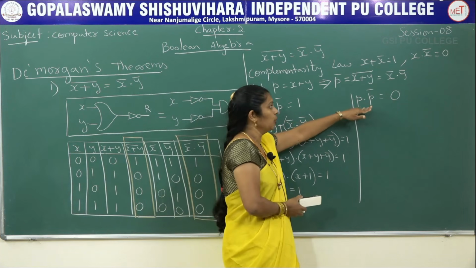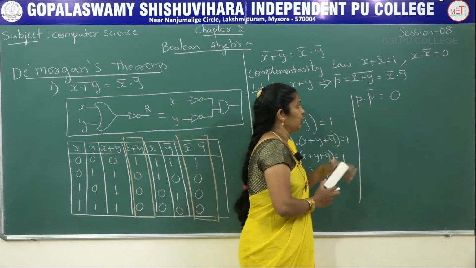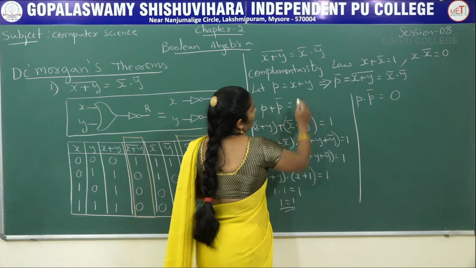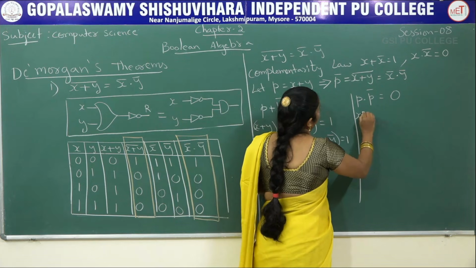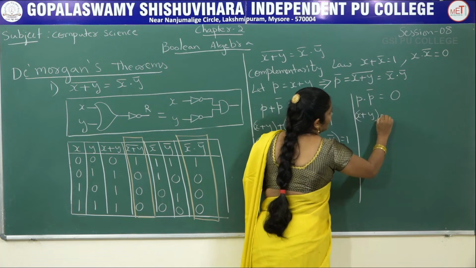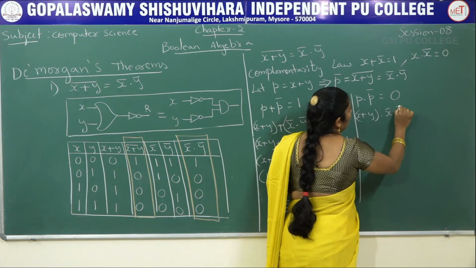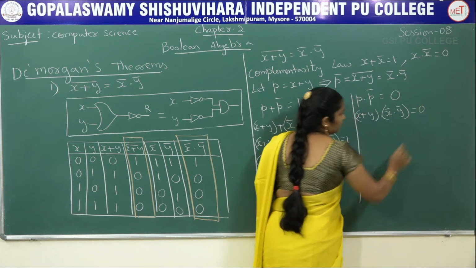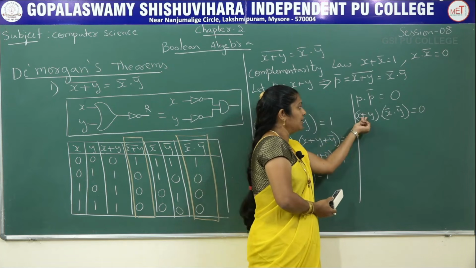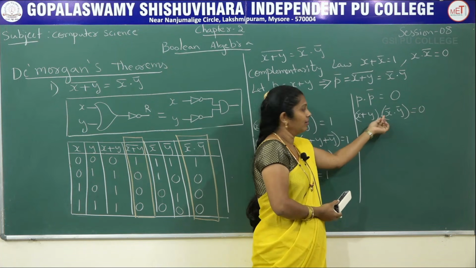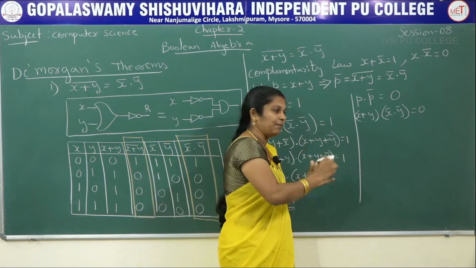Now we will move on to P into P bar equals 0. Now how to prove this? For P, substitute x plus y. For P bar, substitute x bar into y bar, equals 0. Now here we have the plus operator, but here we have the dot operator. Easily we cannot solve, so just swap the positions.